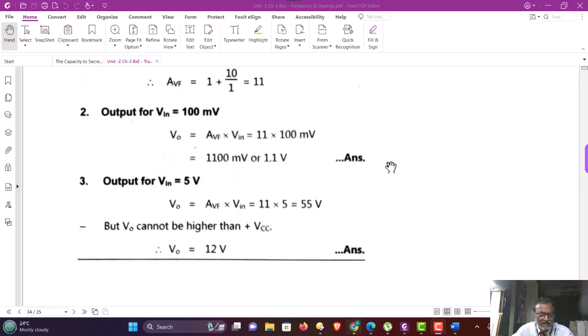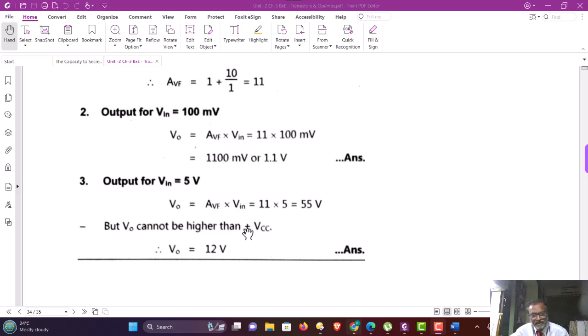Let us calculate the output voltage for Vin equal to 5 volt. Just substitute the value of Vin here. VO is equal to AVF into Vin, so 11 into 5 volt comes out to be 55 volt. But we know the output voltage VO cannot be higher than the positive supply voltage or the negative supply voltage. In an op-amp the output is bound by the positive and negative supply voltage to the maximum level.